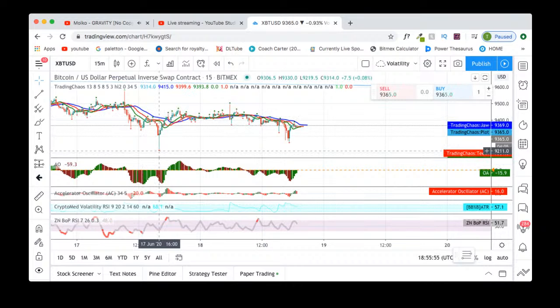Then this was a wave 4. And this is a wave 5 up. But it could be over already. Typically a wave 5 goes beyond the wave 3. But I notice in the Bitcoin charts that it doesn't happen all the time.